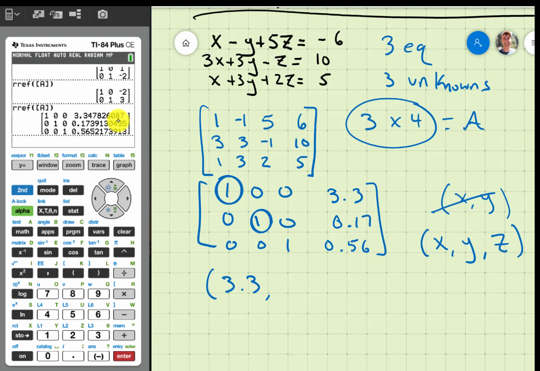And it says 1y equals 0.17. And then it says 1z equals 0.56. And what makes this work is that triangle I was mentioning. When the triangle below the diagonal is all zeros, and when the triangle above the diagonal is all zeros, then every single variable is solved all by itself with each row.